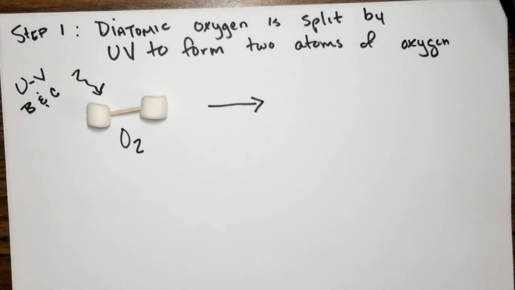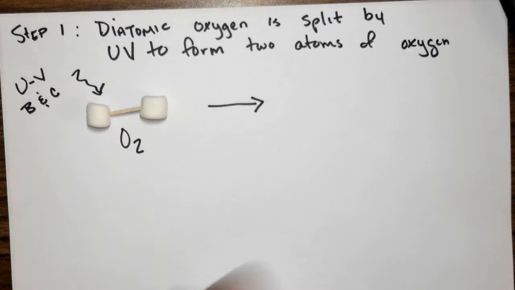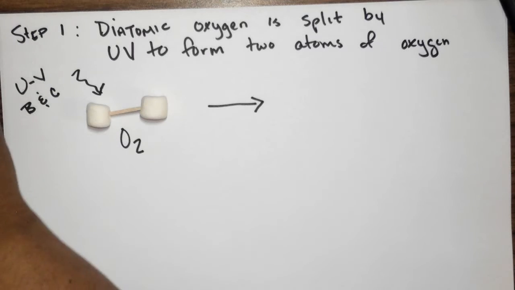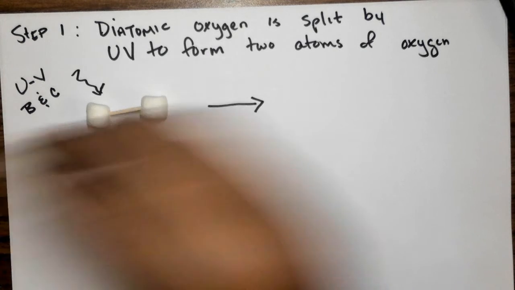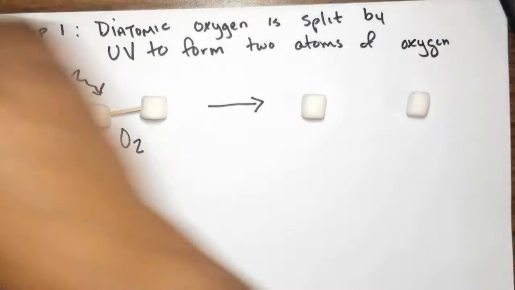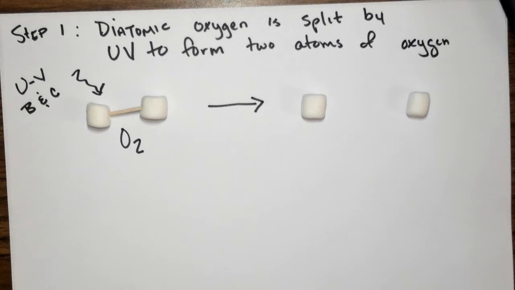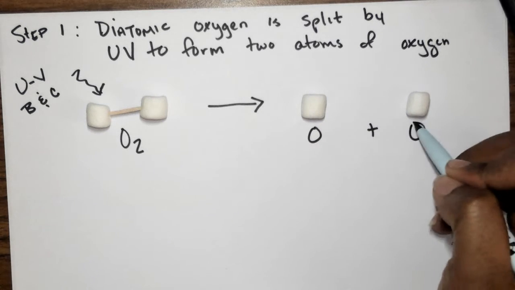And by the way, this is the oxygen molecule that we use for respiration. Okay, O2. That's the one that we think of. And when I break that bond, I'm going to get 2 oxygens. I mean, they're broken. The bond is broken, right? Okay, so O plus O, right?